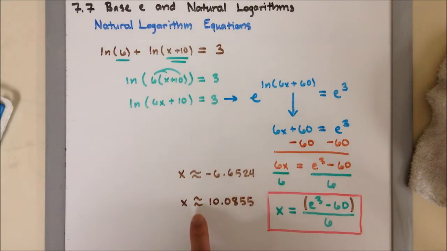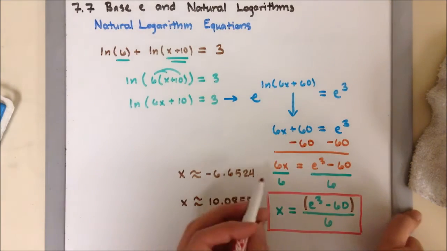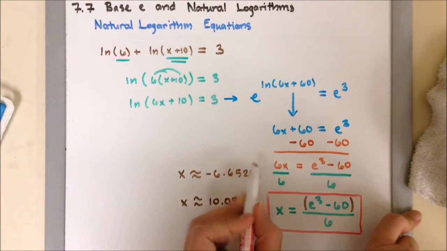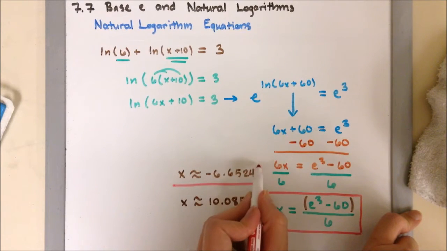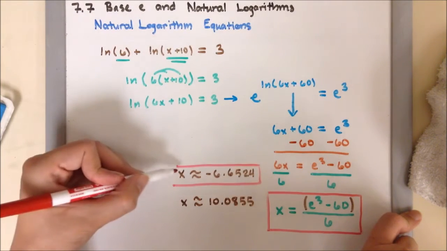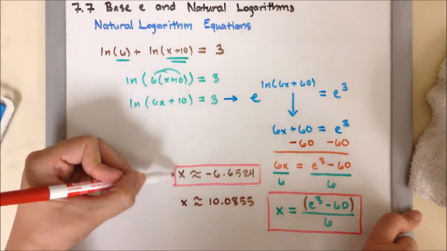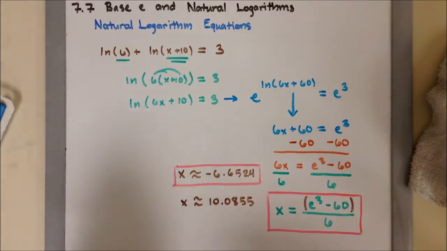So if you were to type without the parentheses, you would have gotten 10.0855 and would think that's the correct answer, but not quite. If you were to group the numerator together, group e to the third minus 60, then your correct answer would have been x is approximately negative 6.6524. This would be the correct decimal answer for this equation.